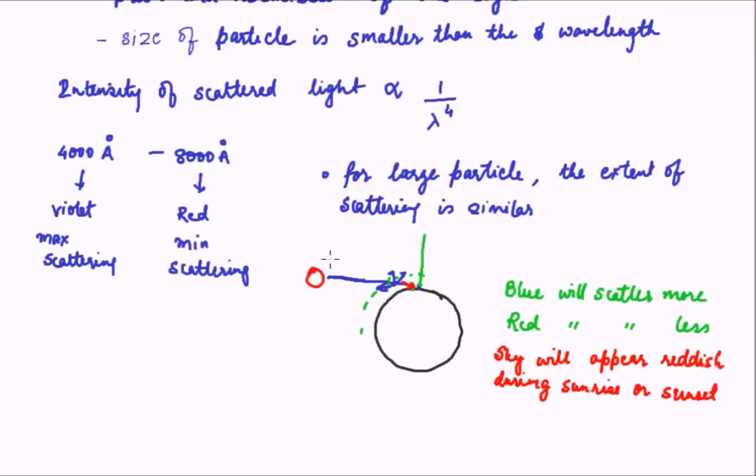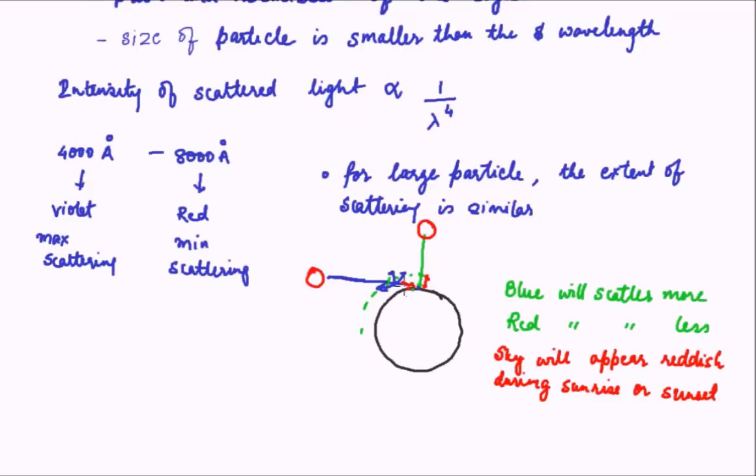Therefore what will happen? Less blue will be visible to us. Blue will go away in different directions, whereas red will mostly come through. As a result, we will see red, right?